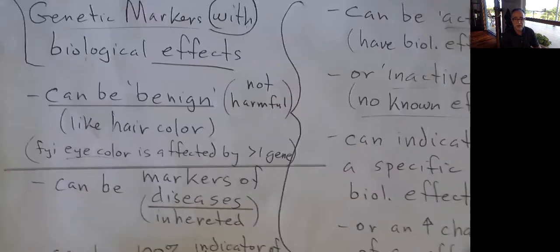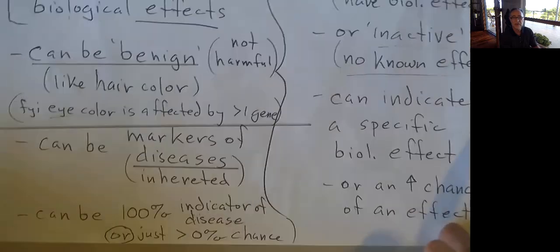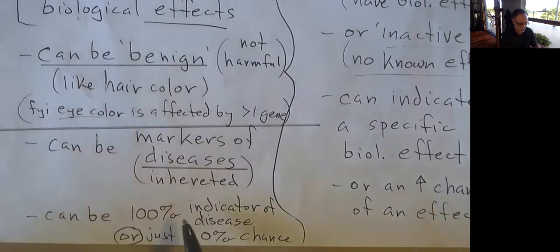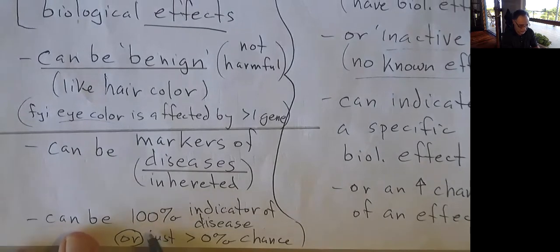And again, in some cases, if you have the marker, you're definitely going to get that effect. And in other cases, it just means you have an increased chance. They used to think if you had the marker, you'd get the effect, and in some cases that's true. It's a 100% indicator that that person will get that disease. In many cases, we just know that there's a greater than zero chance, which is true for all of us.